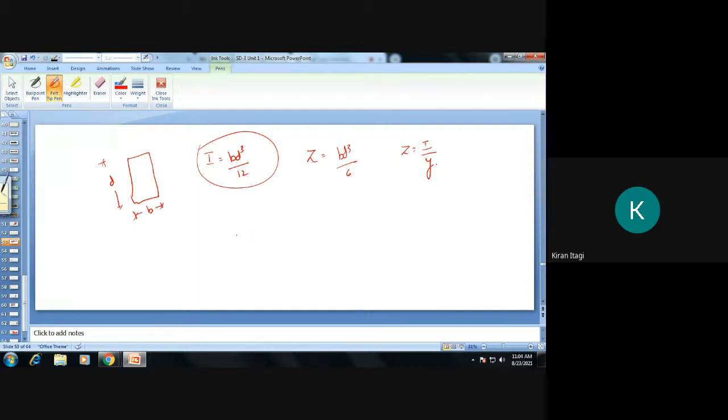For rectangular beams it is easy, but if you have I sections, you have to calculate the value of I. Then only you will get the value of Z, that is I upon Y. Also remember how to determine the neutral axis. I will also explain. If you get some time, try to go through it.